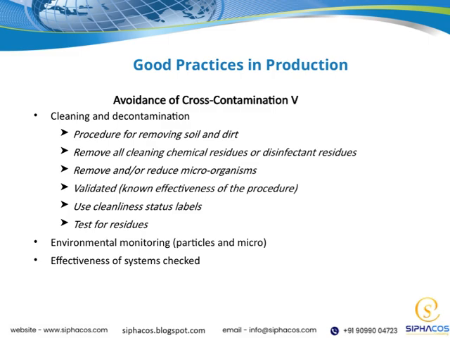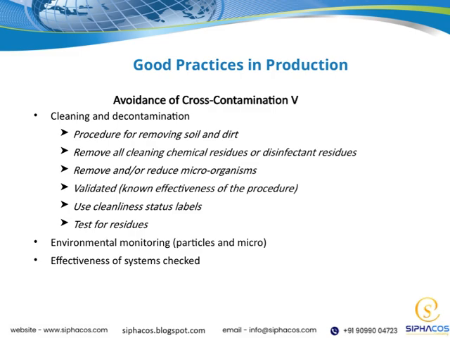Using cleanliness status labels is a good way to communicate when a surface is clean and safe to use again. Testing for residues, whether chemical or microbial, gives us an added layer of assurance. Environmental monitoring, including checking particles and microorganisms in the environment, helps us catch potential issues early.